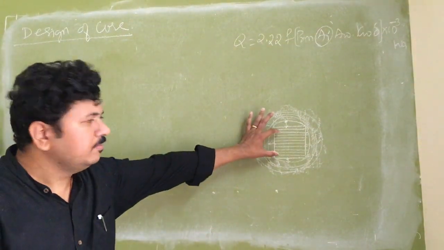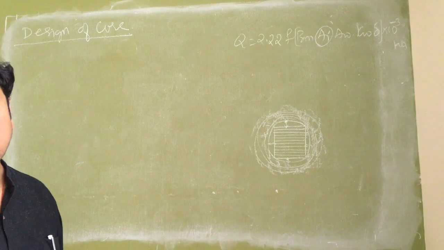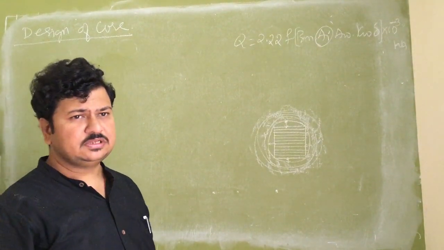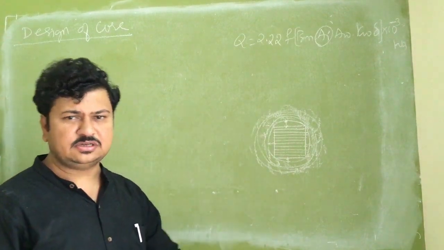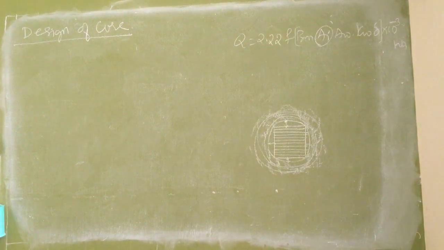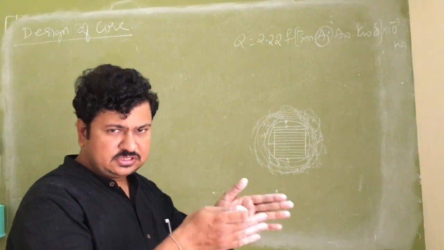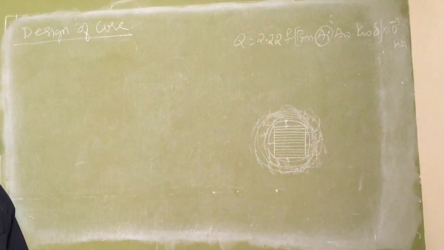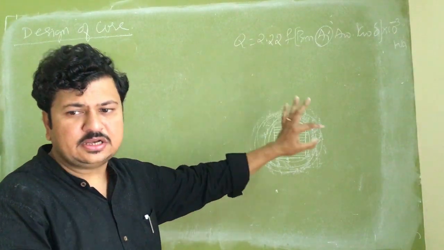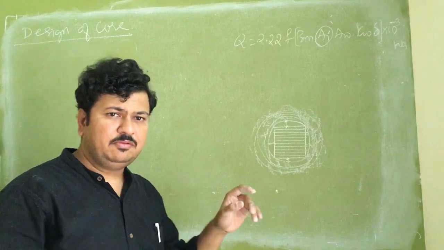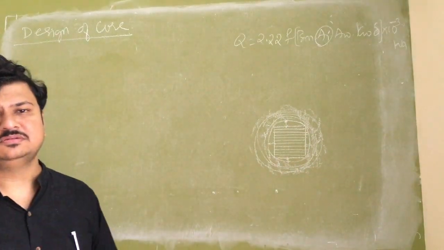Whatever flux I create in the core by the primary or magnetizing ampere turns, not all of it will link to the winding, and unless it links to the winding, there can't be induction. If there is large air space between the core sides and the winding turns, a large amount of leakage flux will exist in the air itself.